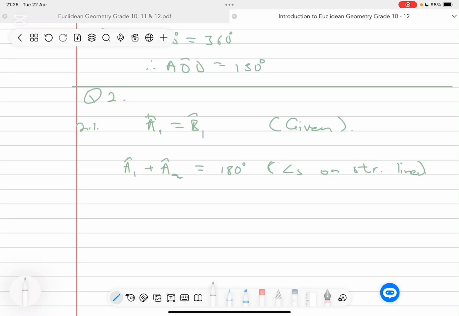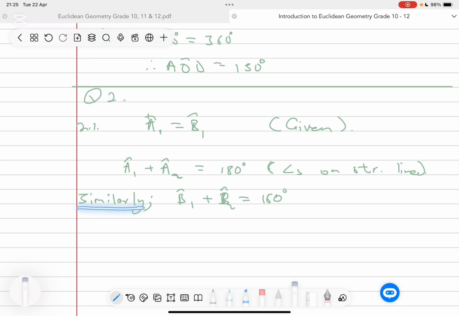That means I'm going to repeat the same theorem here for angle B. I can simply write a statement here to say, similarly, angle B1 plus angle B2 is equal to 180 degrees.